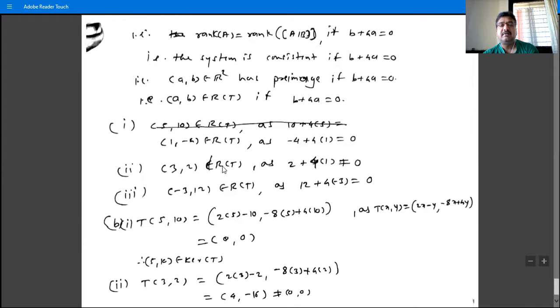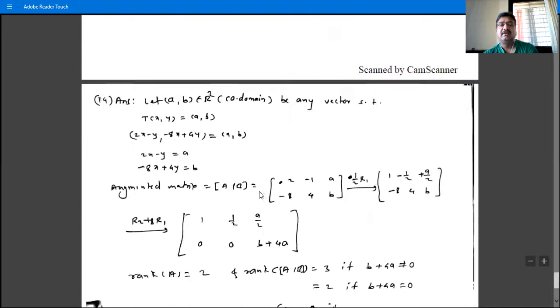Suppose 3, 2 is the element. 3, 2 does not belong to R(T), because 2 plus 4 into 3 is not equal to 0. So B plus 4 into A, that is 2 plus 4 into 3, is not equal to 0. So 3, 2 does not belong to R(T).